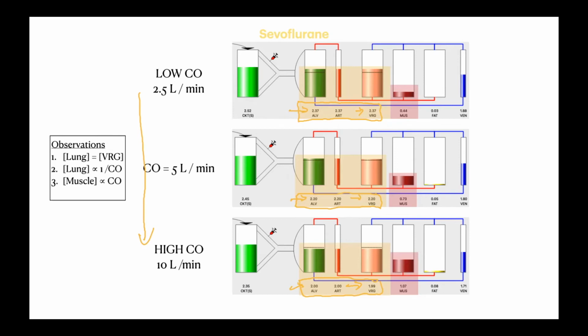And why is that? The reason for that is, if you look at muscle, what happens with muscle? As you increase your cardiac output, the amount that gets distributed into your muscle starts increasing. And so what you can see is that the concentration in muscle is directly proportional to your cardiac output.